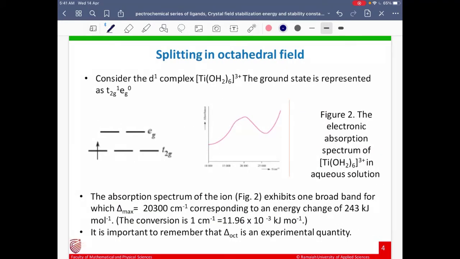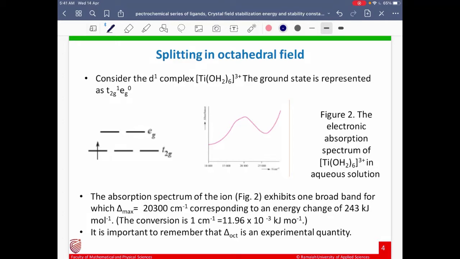Next topic is splitting in octahedral field. Consider a d1 complex, titanium hexaaqua 3+, [Ti(OH2)6]3+. Why do we call it a d1 complex? Because in this, titanium has an oxidation state which leaves only one electron in its d orbital.